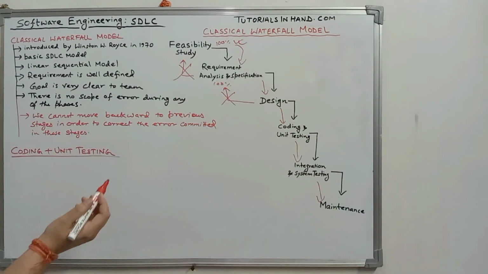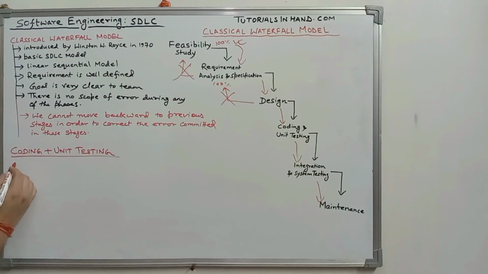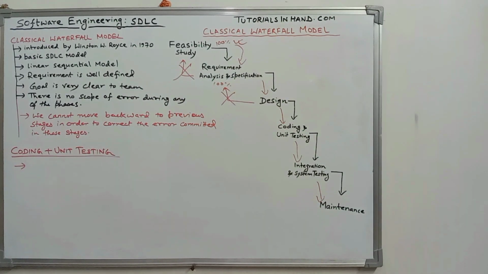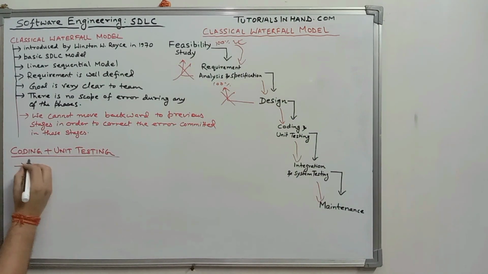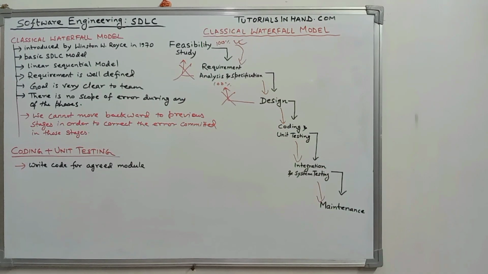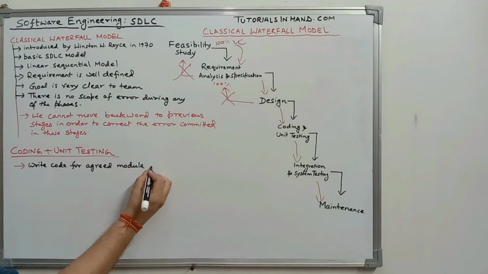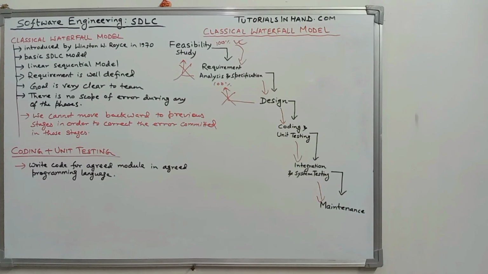Now during the coding and unit testing phase, all the things written in the design document are finally coded. We start to write the code for the agreed module in the agreed programming language.